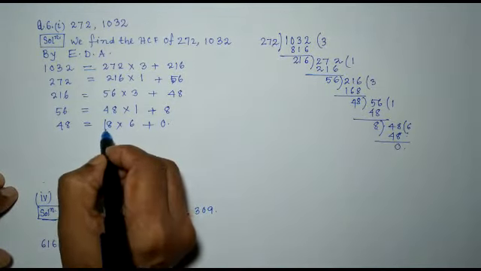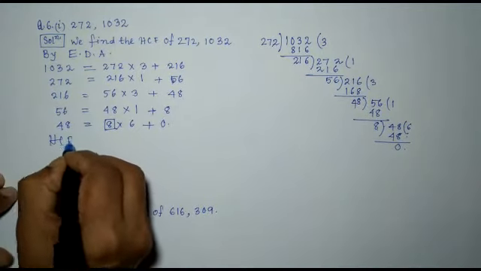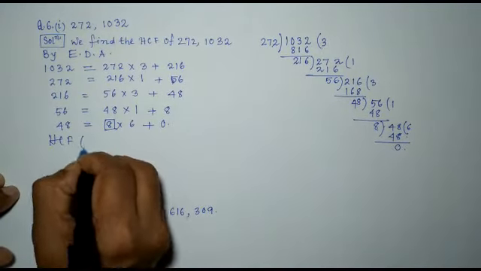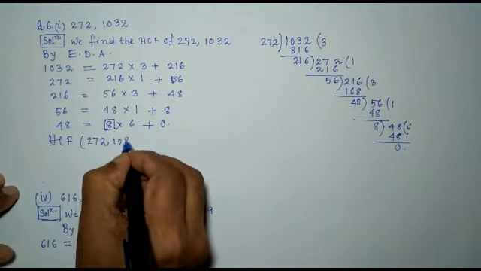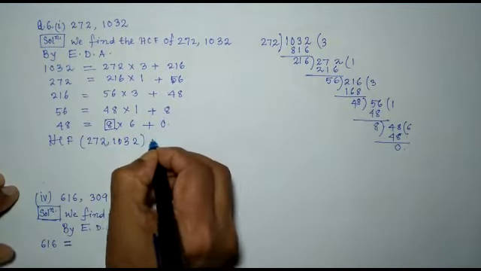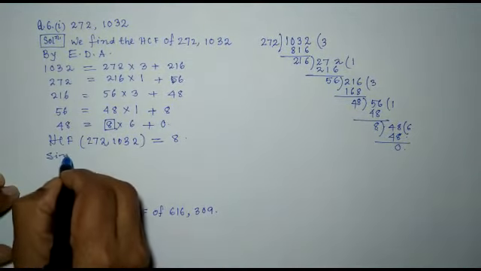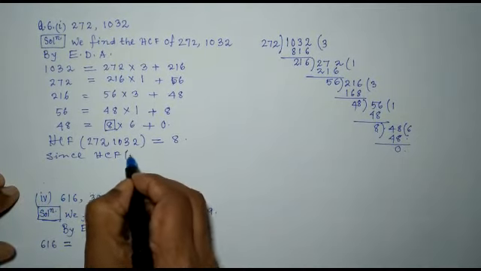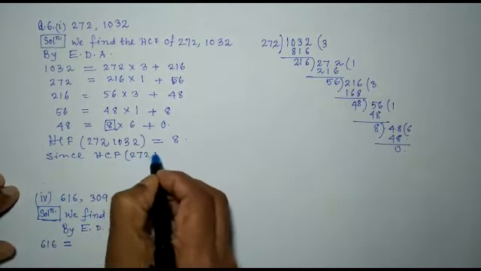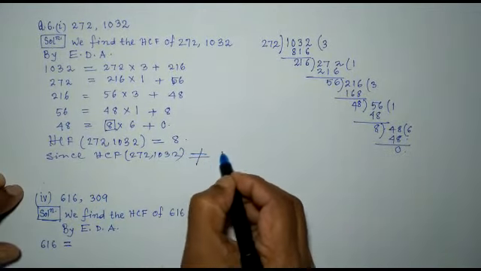So here we can make a box to show the HCF, and we write HCF of 272 and 1032. What is coming? 8. So we can write here, since HCF of these two numbers 272 and 1032 is not equal to 1.